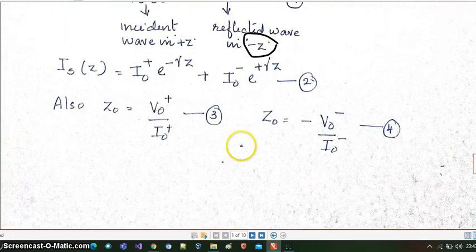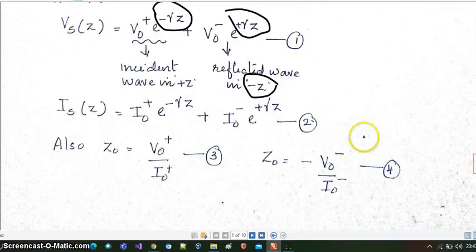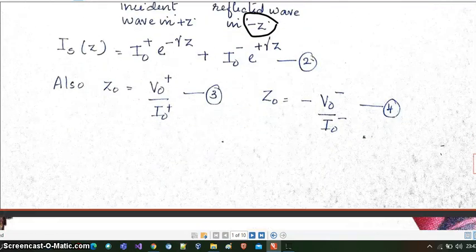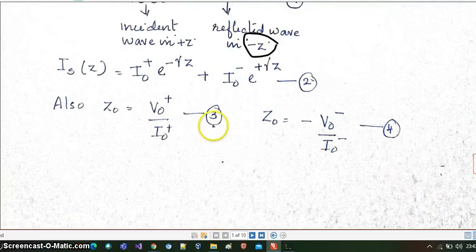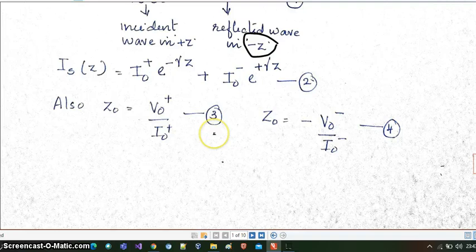So if I substitute 3 and 4 in equation 2, how will I write? What is I0+? From equation 3 I can write I0+ is equal to V0+ by Z0.